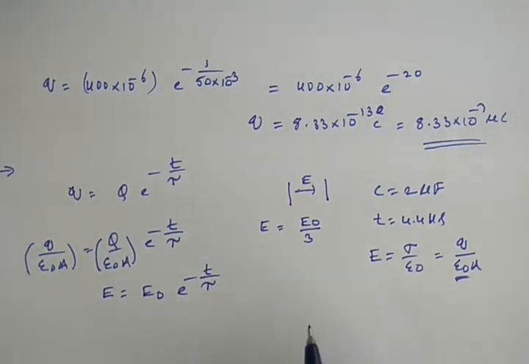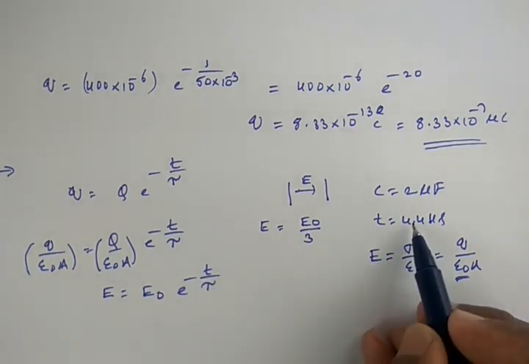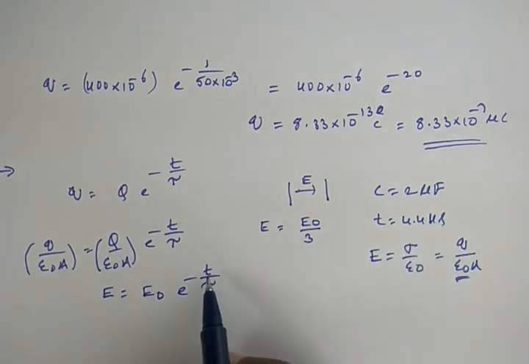So the question is, you need to find the time when, sorry, after time t is 4.4 microsecond, your electric field between two plates becomes 1/3 of maximum. Then let us find out what the time constant is for this.